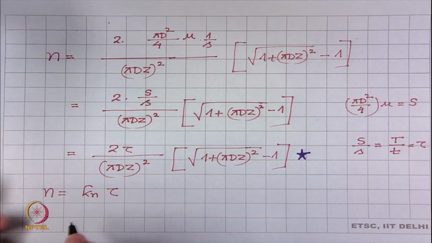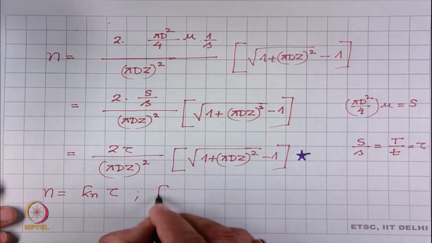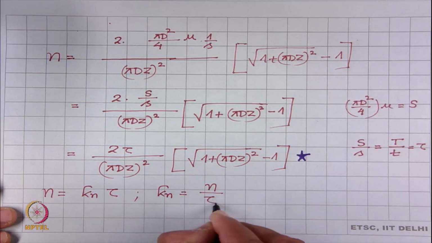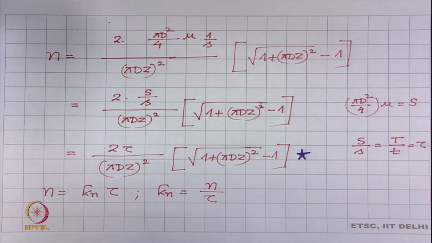Then what is your k n? k n is n by tau. These expressions we have already derived in module 2.